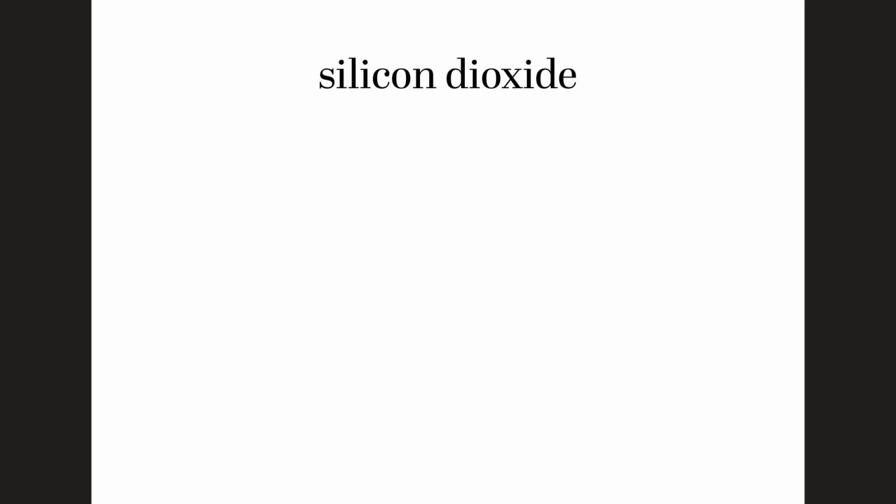So here we have silicon dioxide. So we have the element silicon, but there is no prefix in front of it. Then we have oxide, which is oxygen, but it has a prefix of di. So let's write the symbol for silicon. You can find that on the periodic table. That is Si.